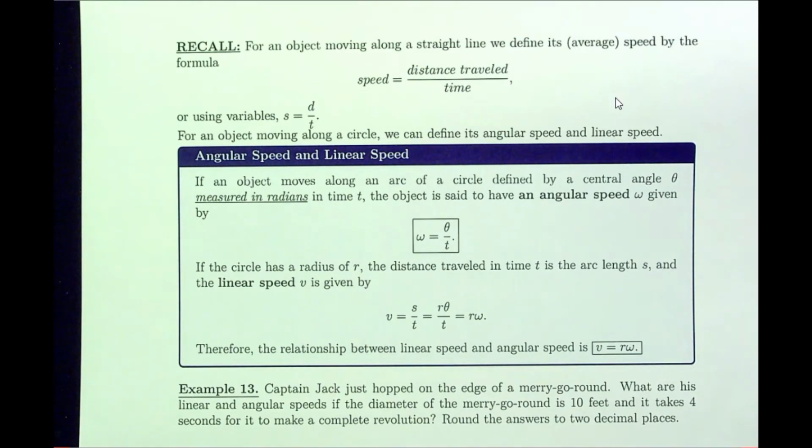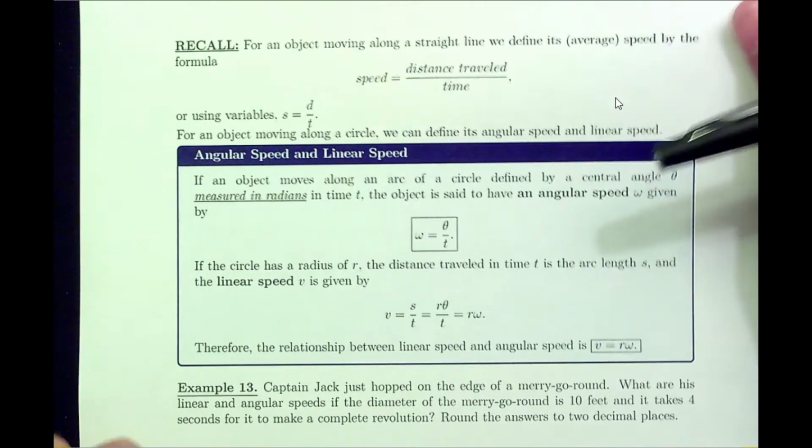So if the car travels 60 miles in 2 hours, the average speed would be 30 miles per hour. So you take the distance and divide it by the time it takes to travel that distance.